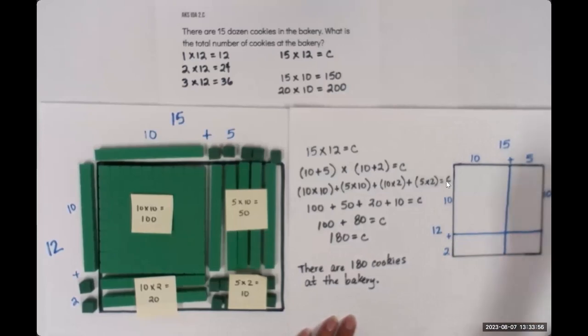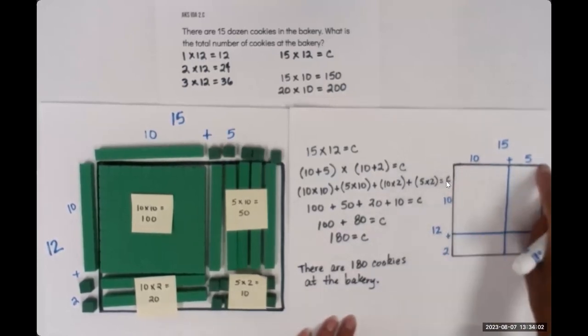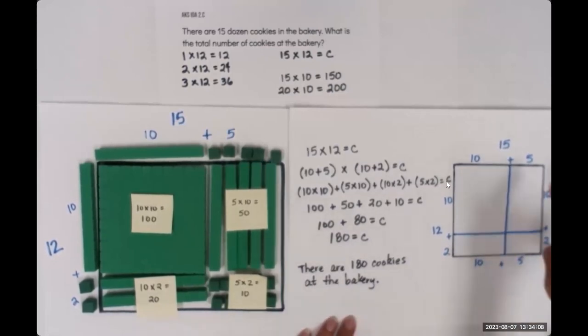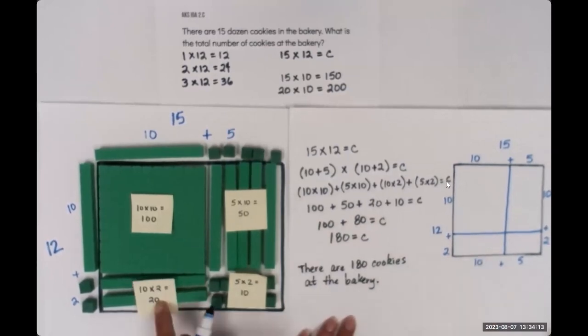You can see this 5 by 10 area. All right, so this would be a 10 and a 2. So this is a rectangle, so opposite sides are the same length. So 10 and 5. All right. So I see a 5 by 10 rectangle. I see a 2 by 10 rectangle and a 2 by 5.